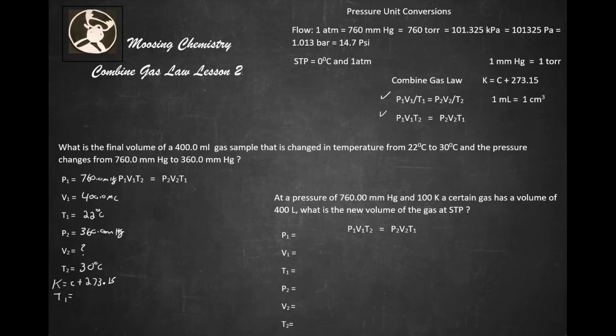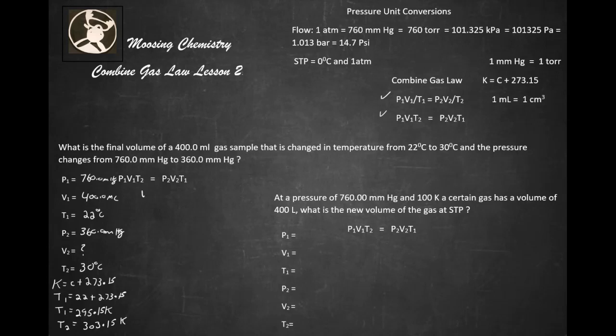So T1 is going to equal 22 plus 273.15, which is 295.15 K. T2, I know it's 30 plus 273, so to save some space, I'm just going to call that 303.15. Okay, now we're ready.